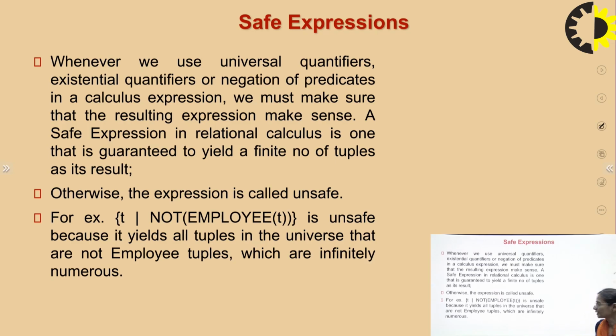For example, if we say a tuple T which is not present in employee, it is unsafe because it will yield all the tuples in the universe that are not employee tuples, which are infinitely numerous. So we could say in this case it is an unsafe expression. So what we say is that the expression may be a range, it may be a formula, or it may be atomic, or it may be a combination of two formulas, but we should always have a finite set of tuples in our result. Otherwise, the expression becomes unsafe.